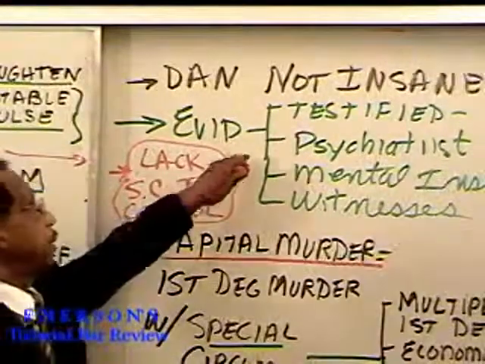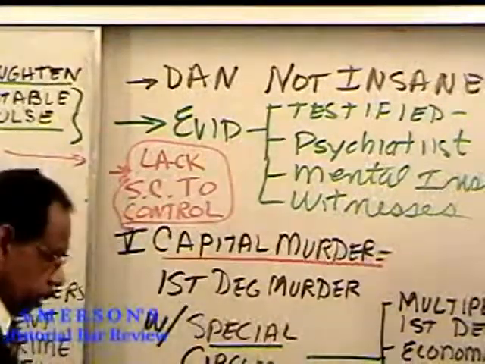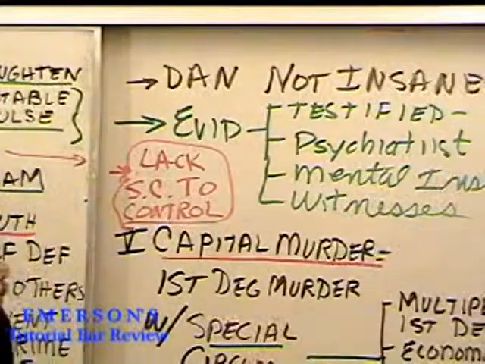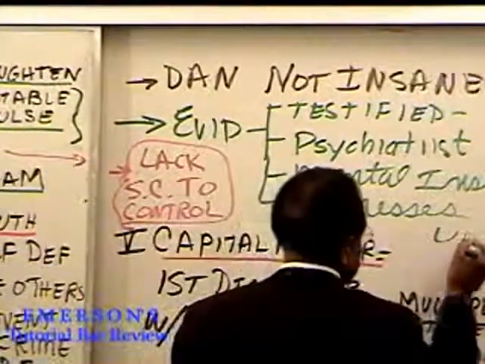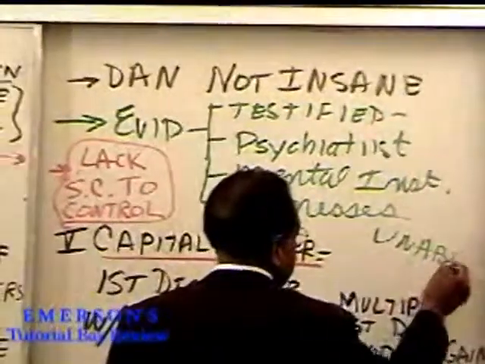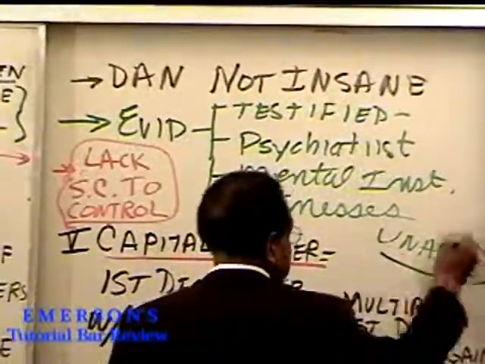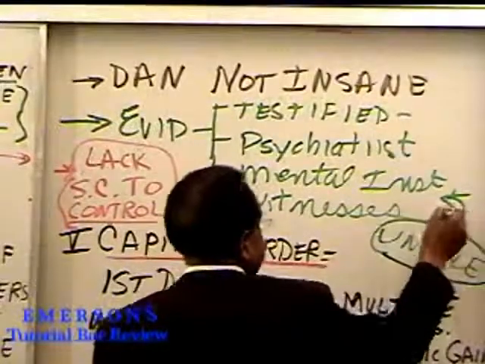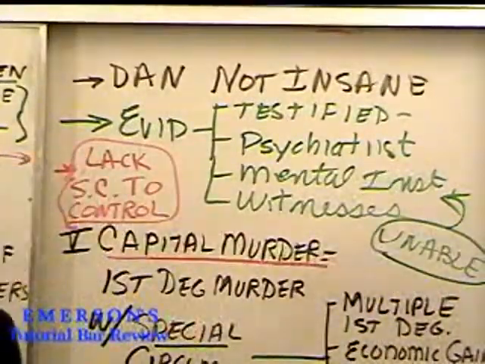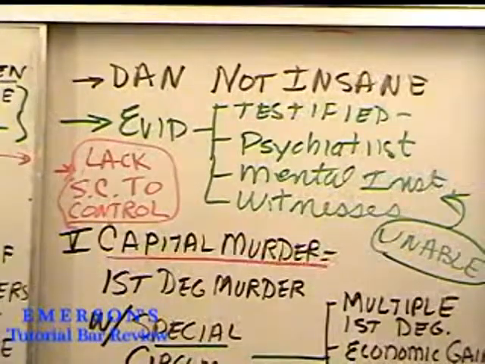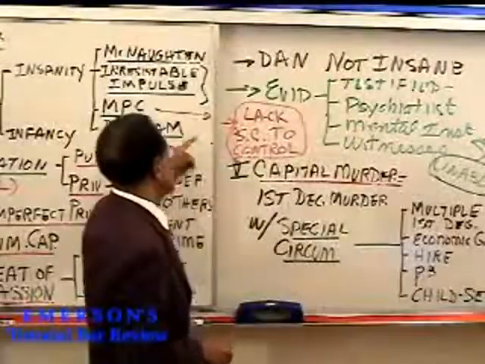Whereas here, he had to be unable. The green, he was unable to control his conduct. So this one is unable, this one lacks substantial capacity. So Dan might be insane under the Model Penal Code.